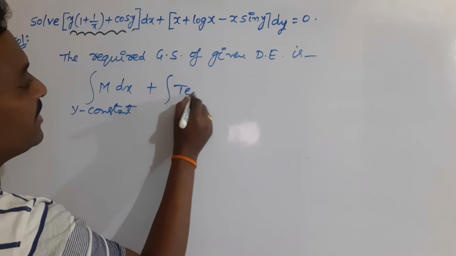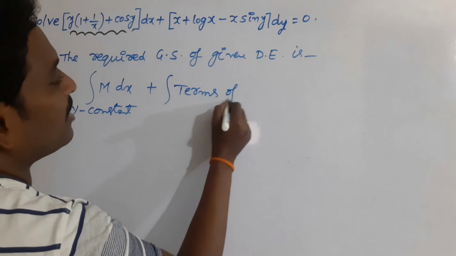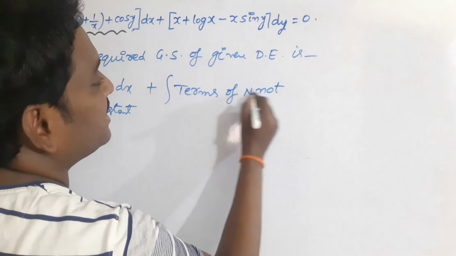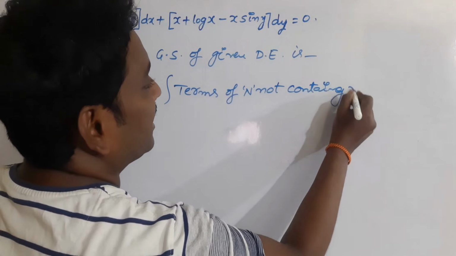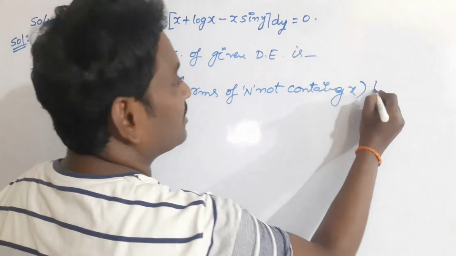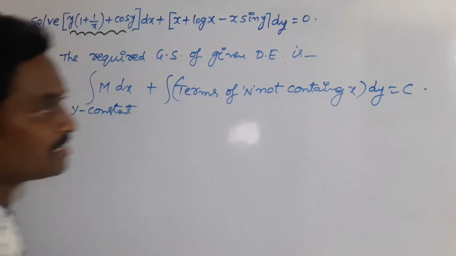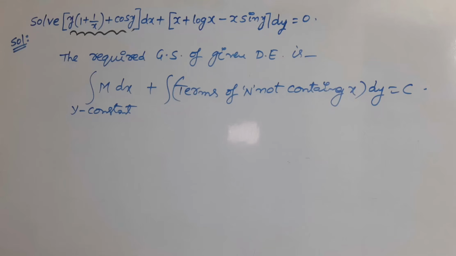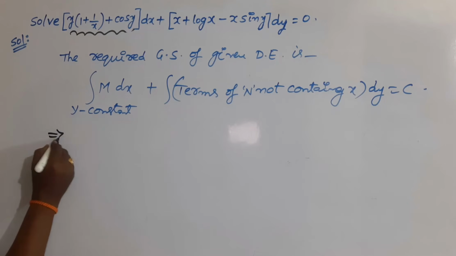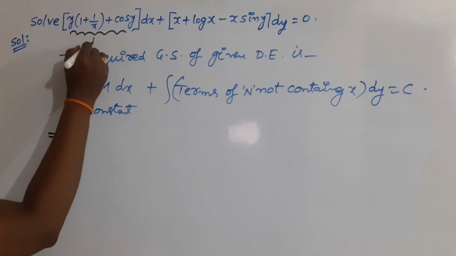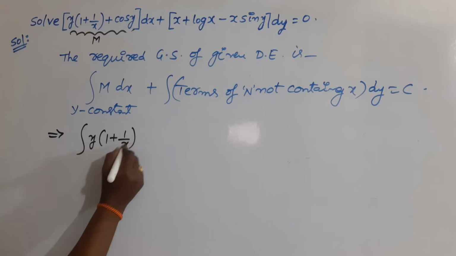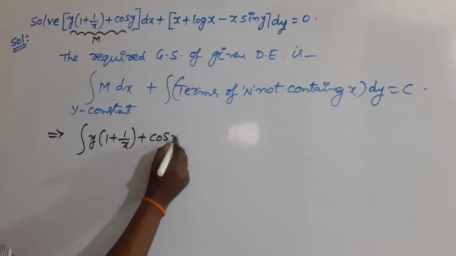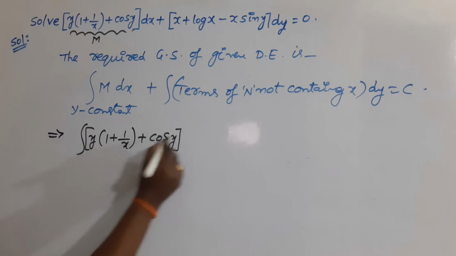Integral of the terms of N not containing x, whole into dy, is equal to c. c is the arbitrary constant, otherwise the integral constant. You should write each and every term in M. What is M? This one: y(1 + 1/x + cos y) dx.